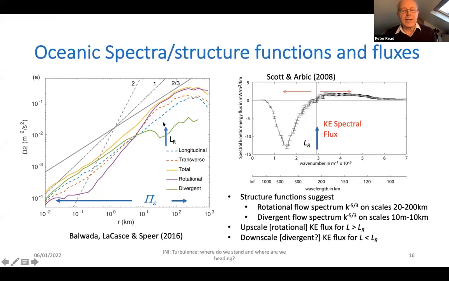At scales greater than or similar to the deformation radius, this L sub r, the third order structure function is consistent with an upscale cascade at scales larger than the deformation radius, but downscale in a region which is dominated by these divergent flow components.